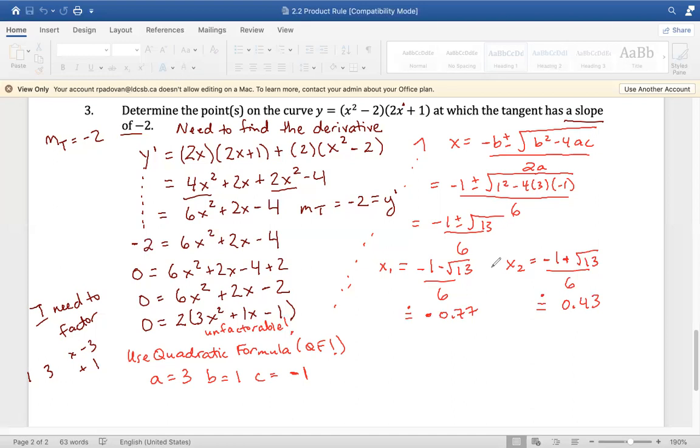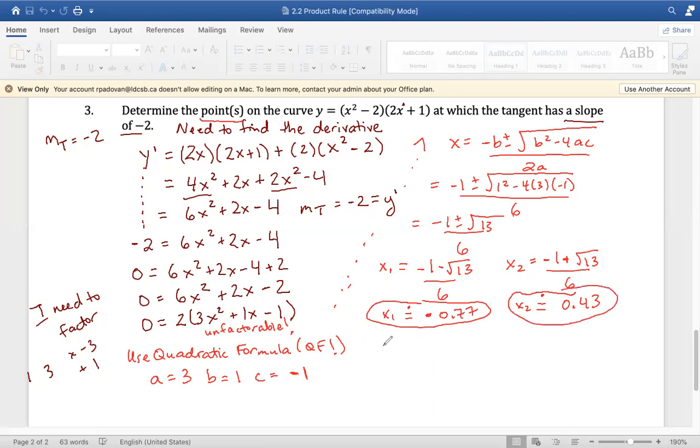But it's asking me what my points are. So I will have more than one point. So I need to find out what the y value is. In order to find out what the y value is, I need to take these x values here and sub them into my original equation to solve for y.